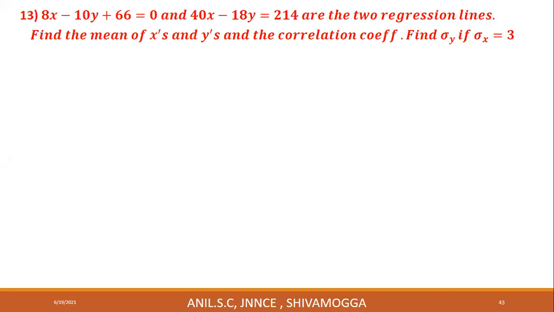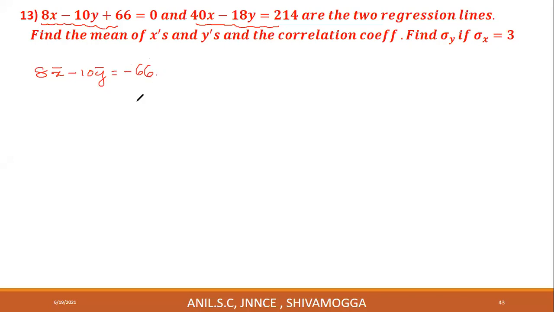The two regression lines are given, and we know that these regression lines always pass through x bar and y bar, therefore they must satisfy this equation, that is 8 into x bar minus 10 into y bar plus 66 equals 0, which can be transferred to RHS, that will be minus 66.